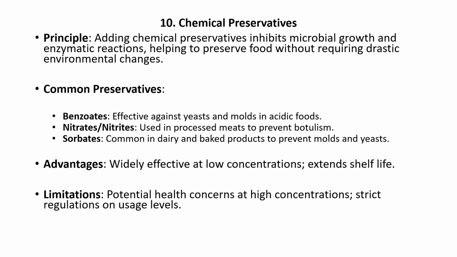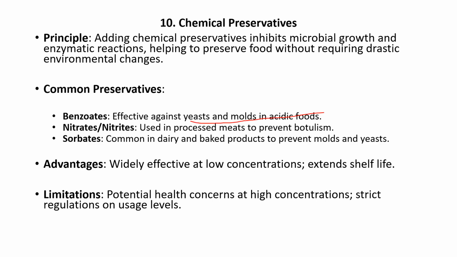Next are chemical preservatives. Now, the principle: adding chemical preservatives inhibits microbial growth and enzymatic reactions, helping to preserve food without requiring drastic environmental changes. Common preservatives like benzoates, nitrates or nitrites and sorbates are used. Benzoate is effective against yeast and mold in acidic food.